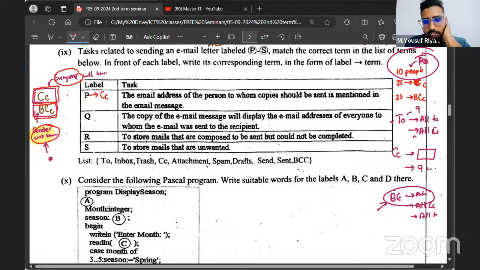The copy of the email will display the email address of everyone to whom the email was sent, to the recipient. The address of the person to whom a copy should be sent is mentioned in CC. The copy of the email message will display the email addresses of everyone.